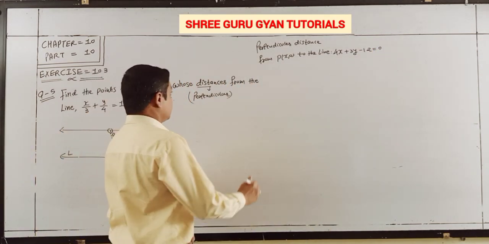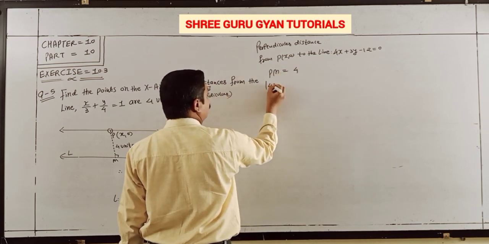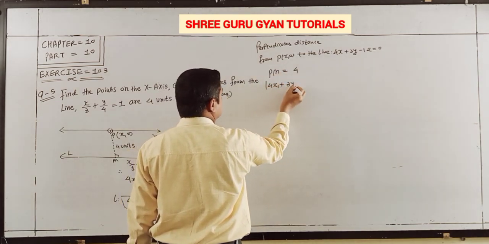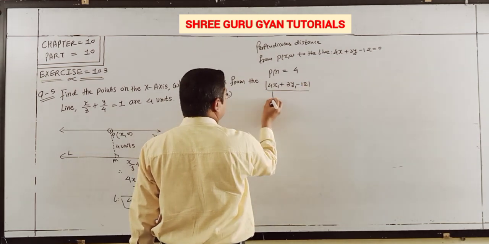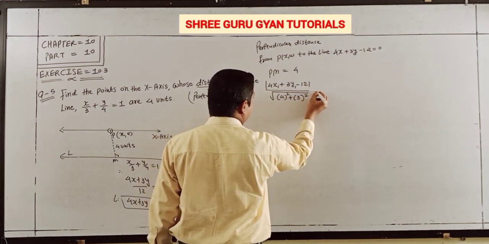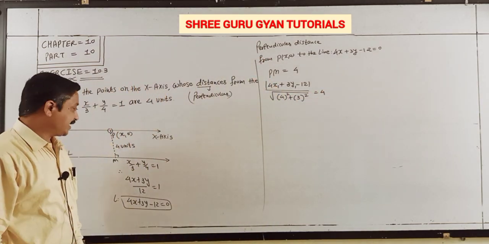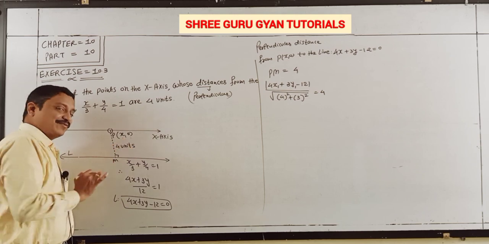The distance PM is 4 and the formula is 4x1 plus 3y1 minus 12 by under root 4 square plus 3 square. And here students you can substitute the values x1, y1, this is x1, this is y1.